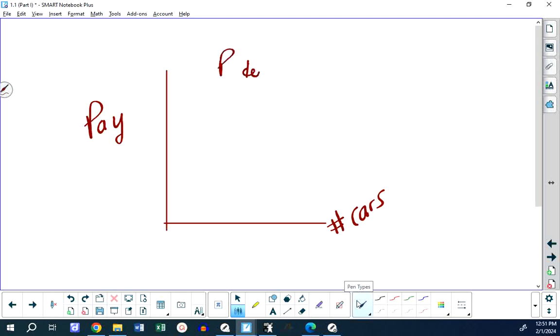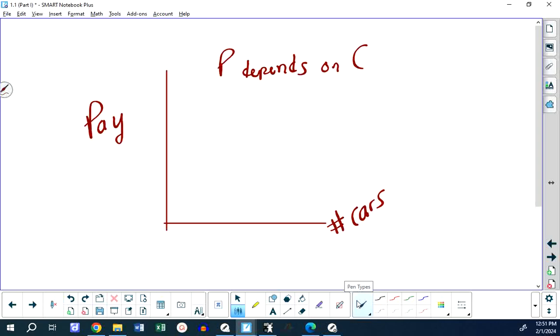We just wrote it down as an example: we said the pay depends on the cars. And I said, well, how do you know that's a direct linear relation? And he said, well, it's the same amount per car. So it was, I think, $200 per car. Pretty sure that's what we said.